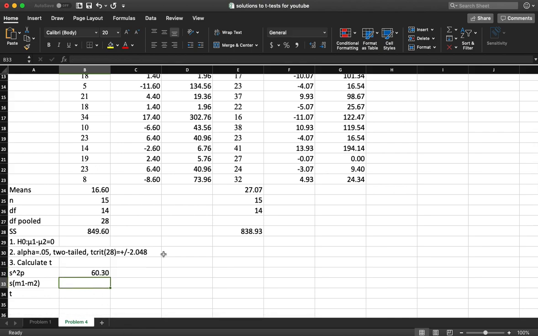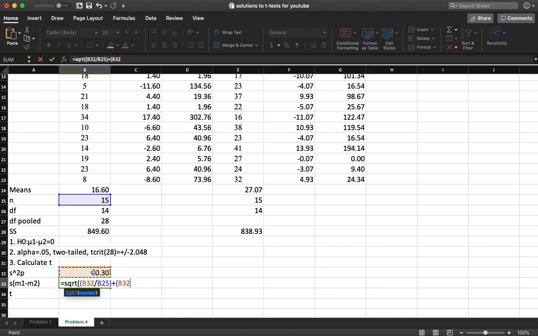Now to get the estimated standard error, it's just equals square root of, and then another set of parentheses. Pooled variance divided by n1. Close that second set of parentheses. We're going to make a third set of parentheses here. Pooled variance divided by n2.